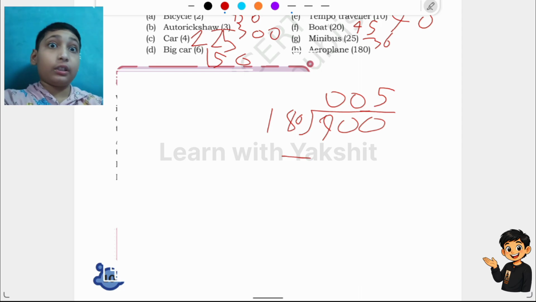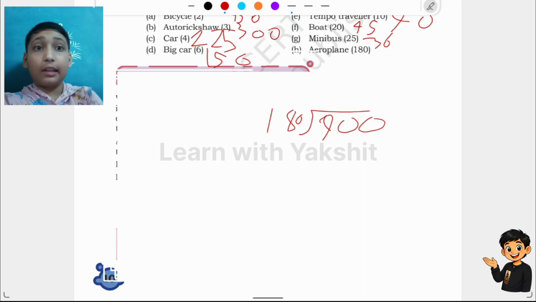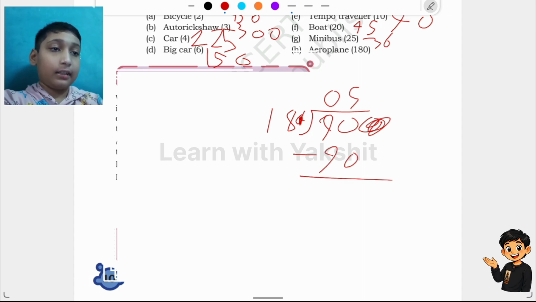And if you don't know the table of 180, there is a solution. Firstly, you have to do it like normally. Just cut the 0 of both of them. And now we got it much simpler. By that, 0 and 5 minus 90, and you get 0. And that's the exact same answer.